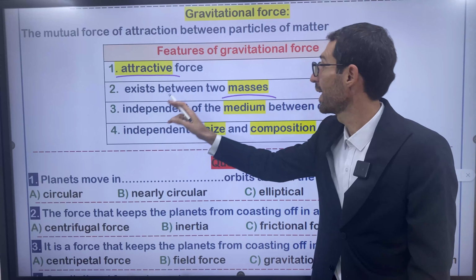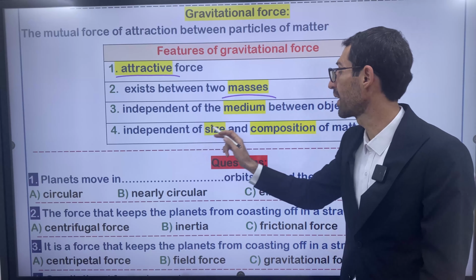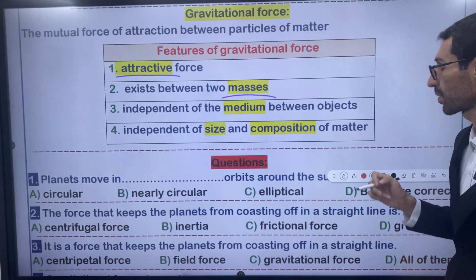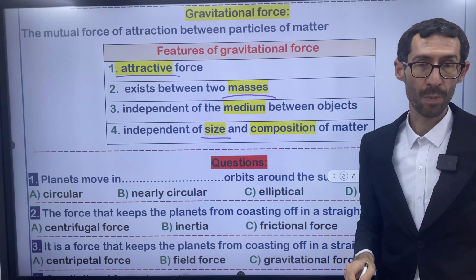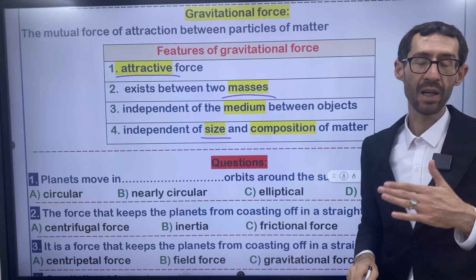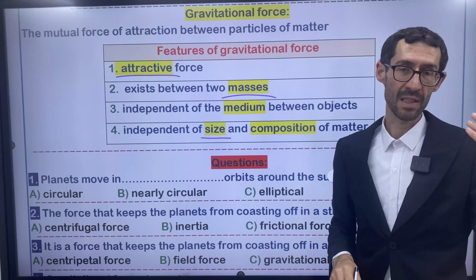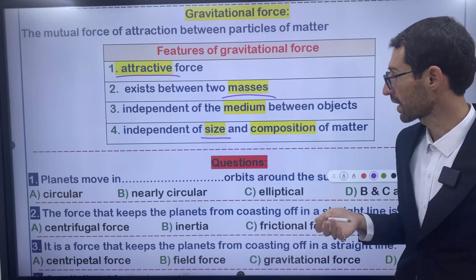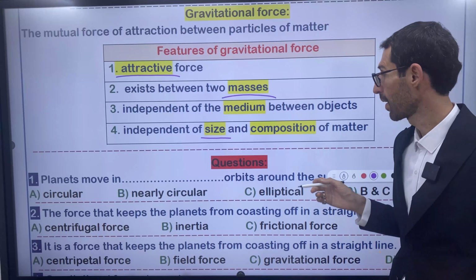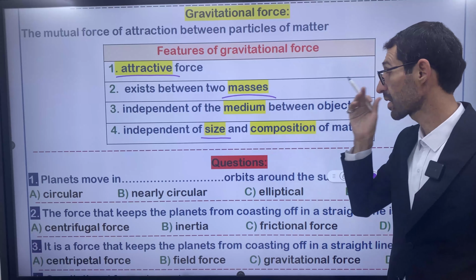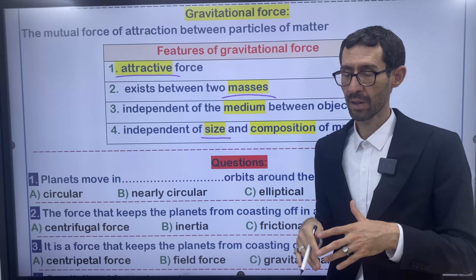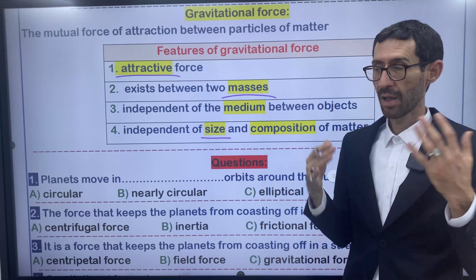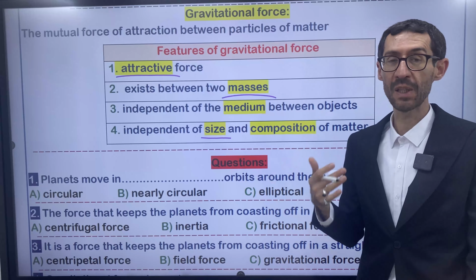And the last one, gravitational force is independent of the size and composition of matter. Whether the object is microscopic, like proton, neutron and electron, where there's an attraction between these particles within the atom, or huge, like planets and stars, gravitational force exists between them.